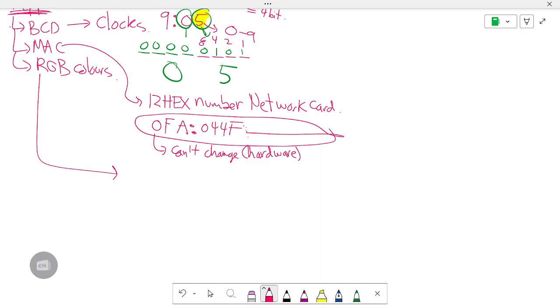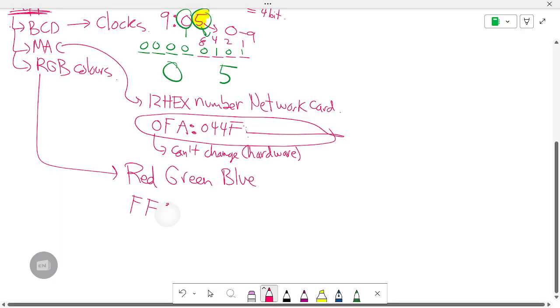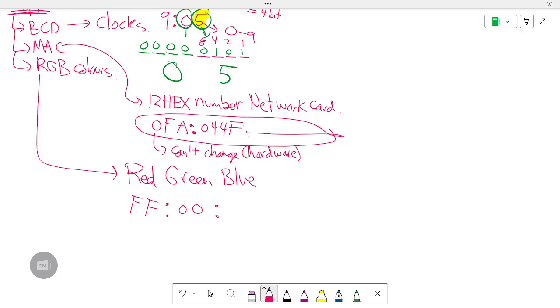There are 6 hex digits. RGB is to do with colors. It's usually a hexadecimal color code with 6 hexadecimal digits: red, green, blue. With these colors, you can have FF 00 00.